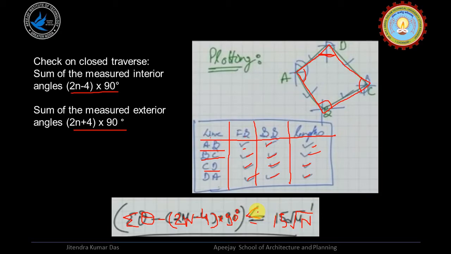So if this value comes, then we can ignore the error. But if it is not so, then we have to do the adjustment.